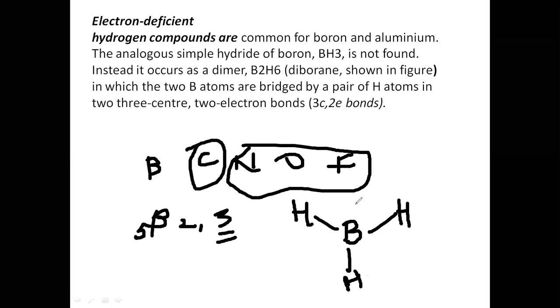And hence BH3 exists in the form of a dimer. Remember the point. Due to this electron deficiency, this BH3 molecule exists as a dimer. And we can write like this.